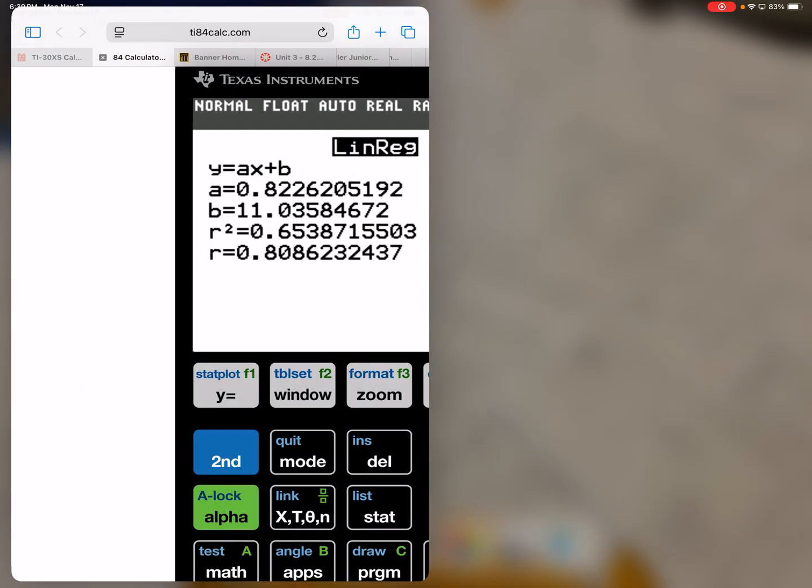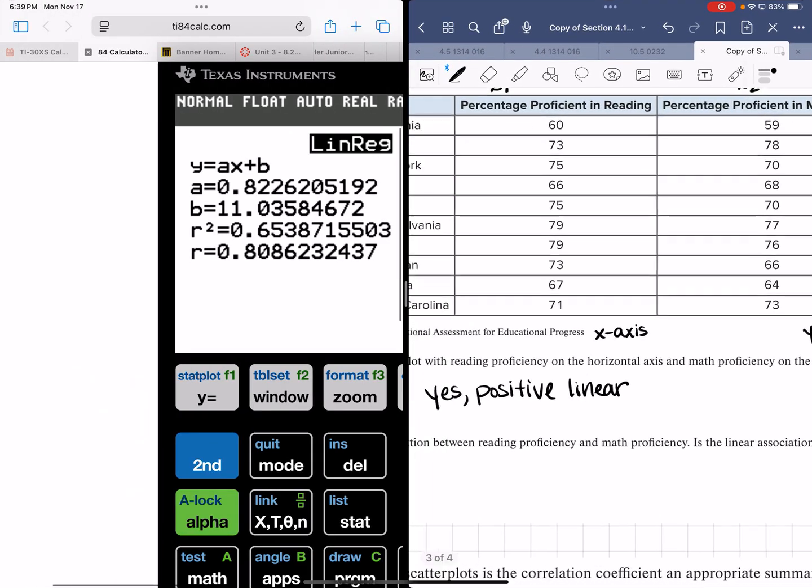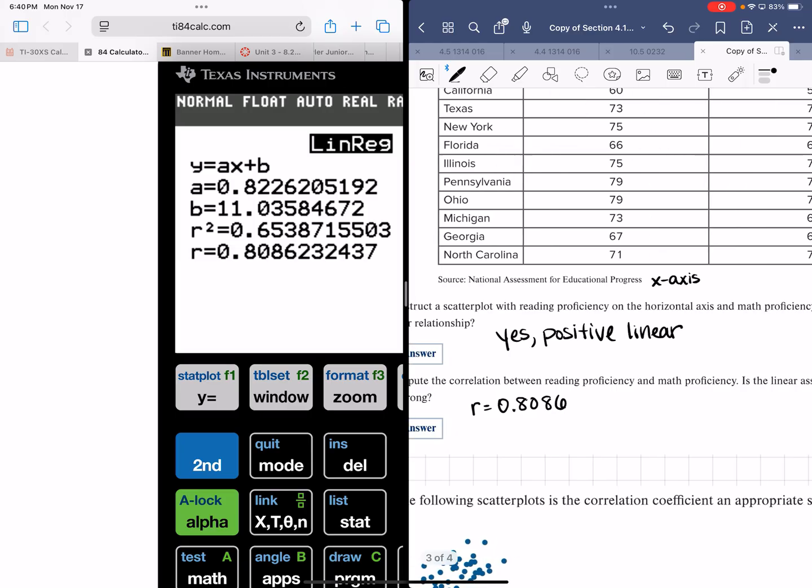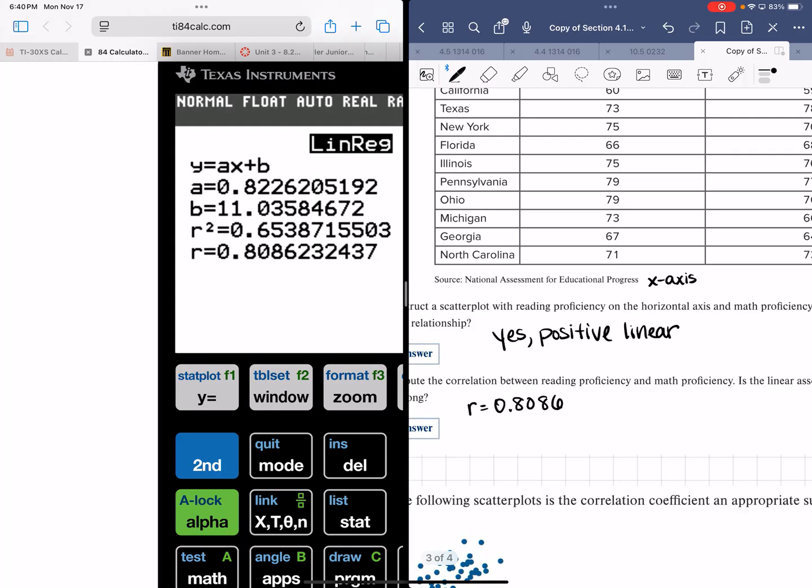So r equals 0.8086, approximately. Since it's positive, it is a positive linear correlation.